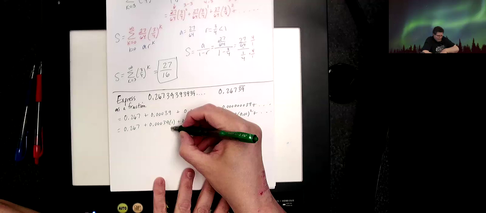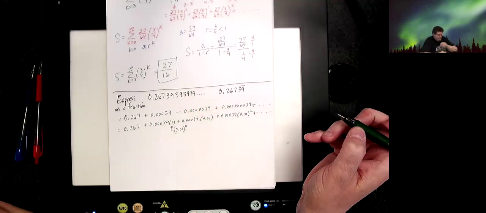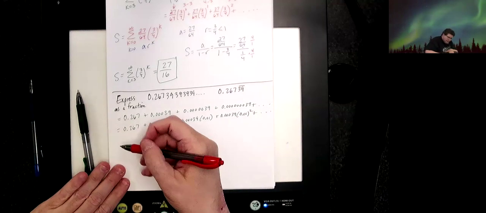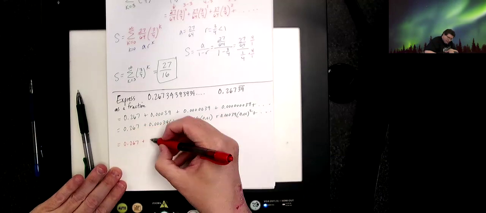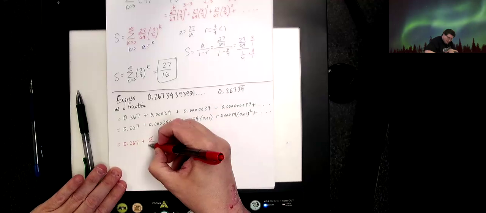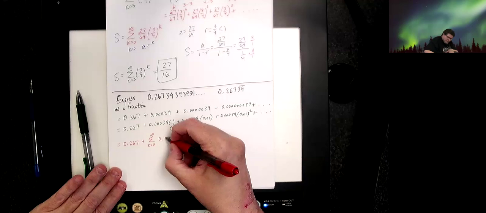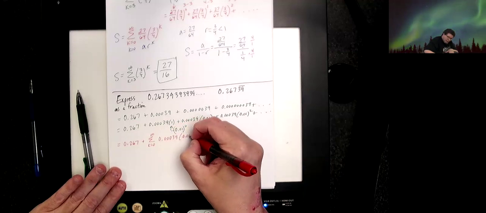And this 1 here, I could write as 0.01 to the 0 power. I can actually rewrite this as 0.267 plus the summation of k equals 0 to infinity of 0.00039 times 0.01 to the k.